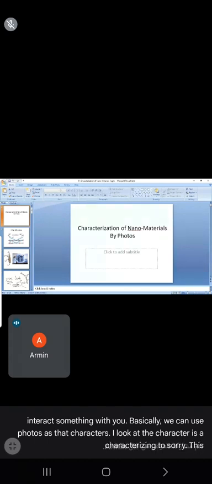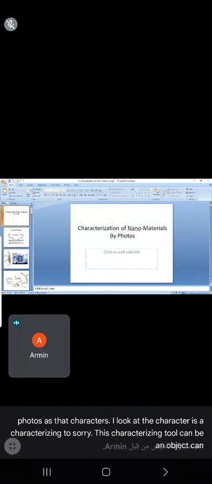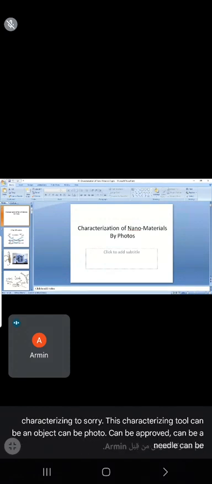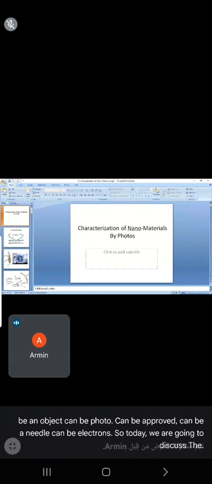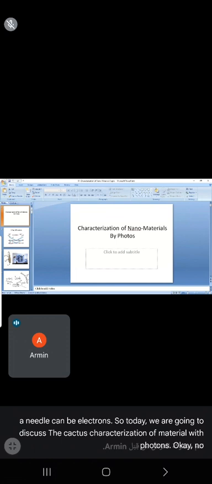This characterizing tool can be an object, a photon, a probe, a needle, or electrons. So today we are going to discuss the characterization of nanomaterials with photons.